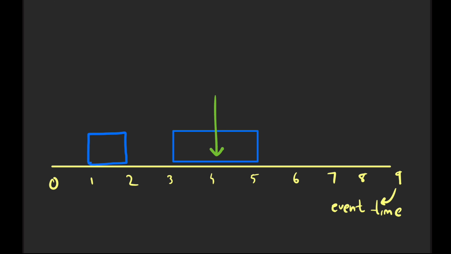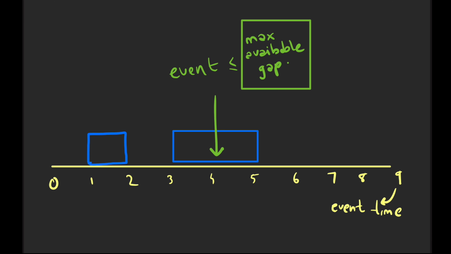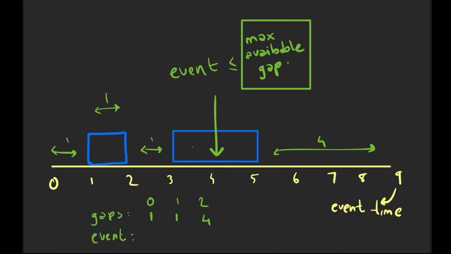But for this particular event, how can we make sure that it has a sufficient available gap, which is greater than or equal to its event time? So here we have to check the maximum available gap. How to determine this? Our gap list initially was 1, 1, and 4, when the events were 1, 2.